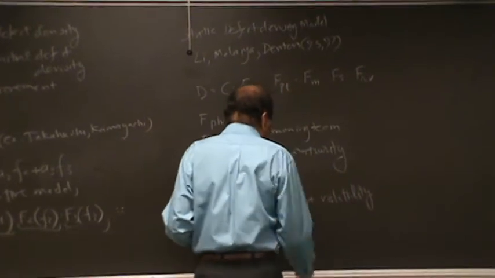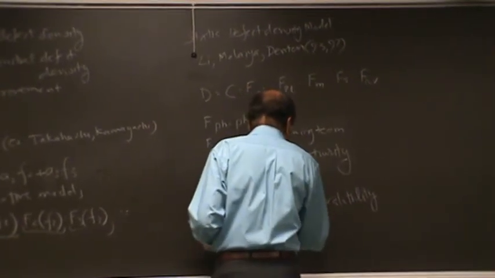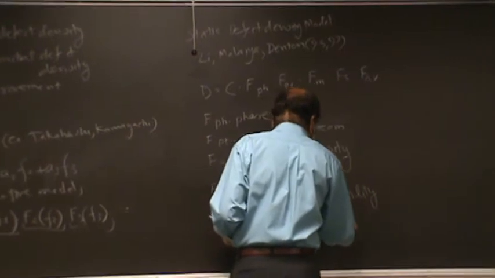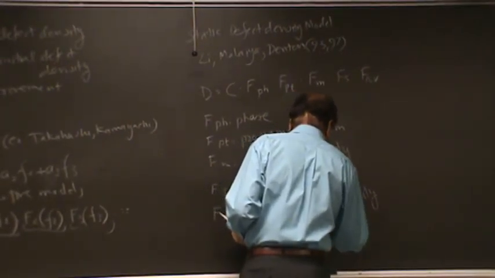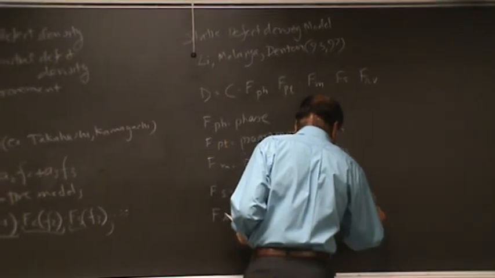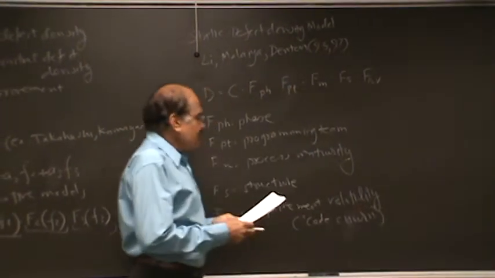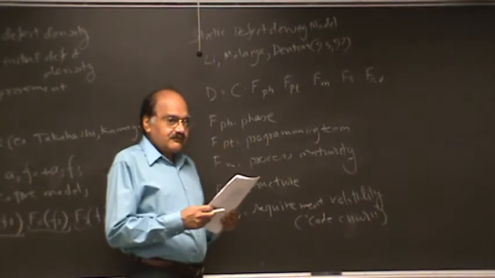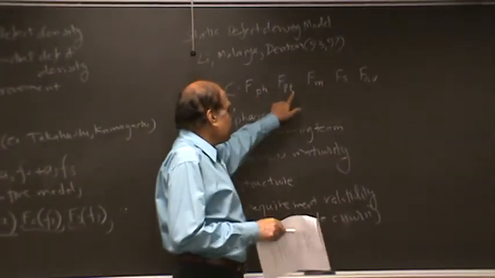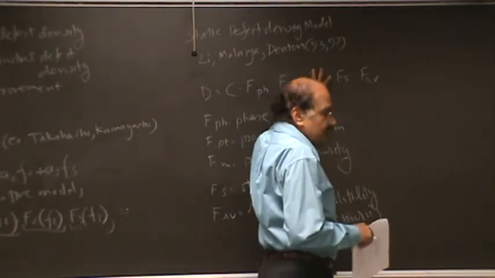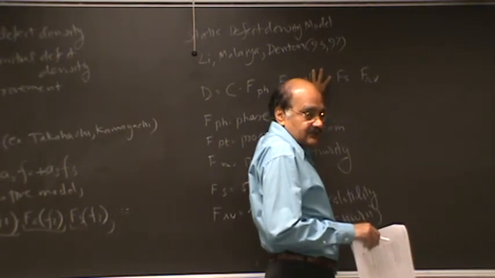Now this is related to what some people call code churn. And we decided that this is a fairly complete list, and different factors can somehow be made part of these factors.